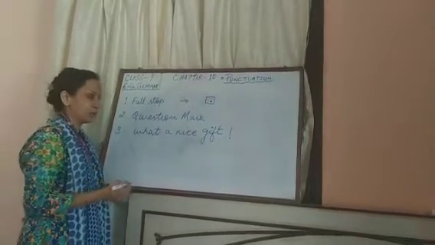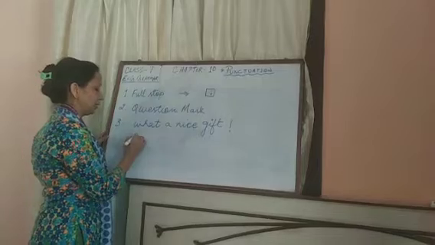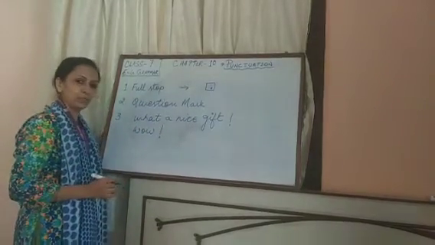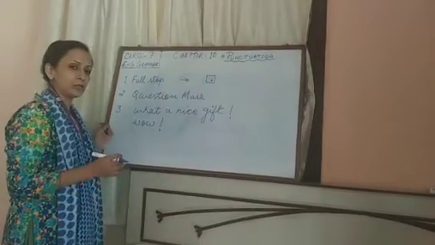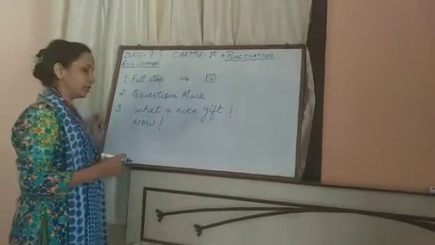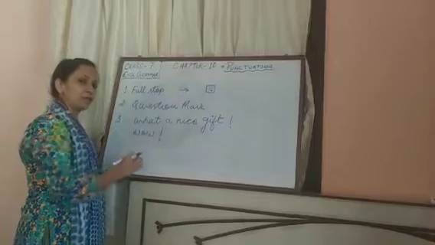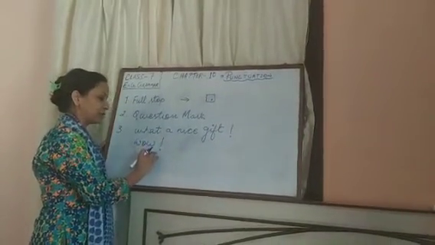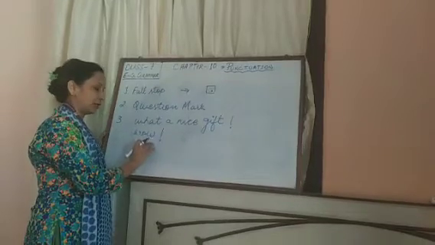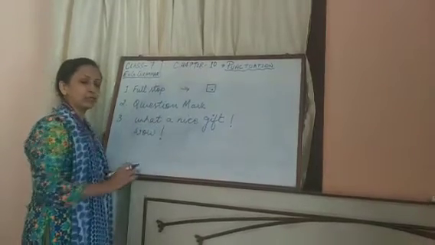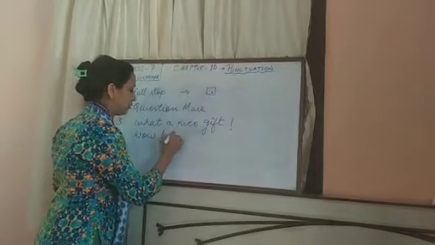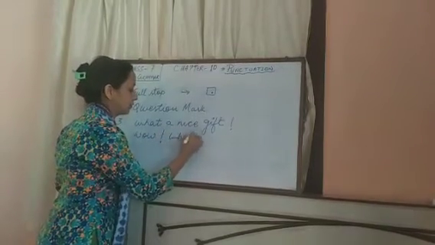Now the second use of exclamation mark is after any interjection. For example, interjection wow. We know what interjections are. Wow, hurrah, bravo. These are interjections, and after them we use an exclamation mark. Now when there is a sentence written after an interjection, then after the interjection only we write the exclamation mark, and the rest of the sentence is written after it.